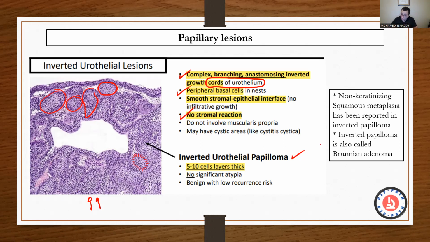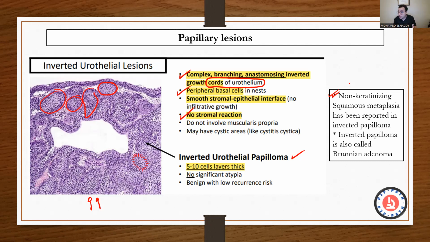No, this is not. Non-keratinizing squamous metaplasia has been reported in inverted papilloma. Make sure you know that if you see some isolated squamous cells or isolated squamous metaplasia in the inverted urothelial papilloma, this is a pure normal finding, a physiological finding. No need to worry about it, and no need to call it inverted urothelial carcinoma.